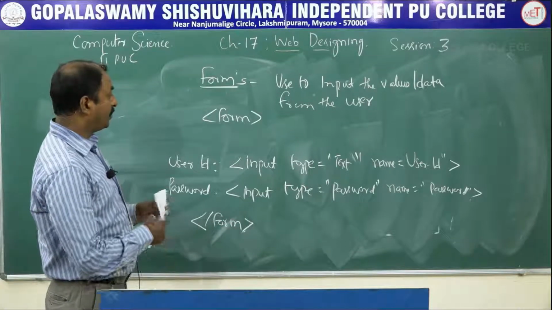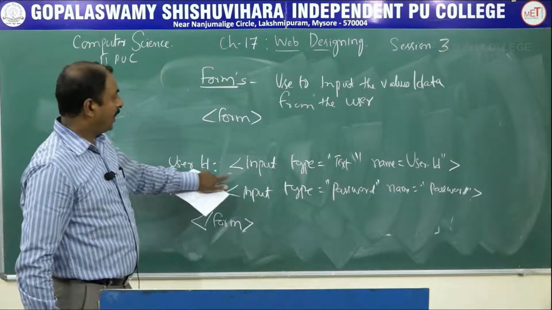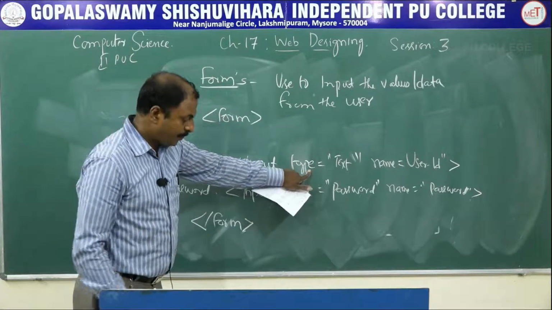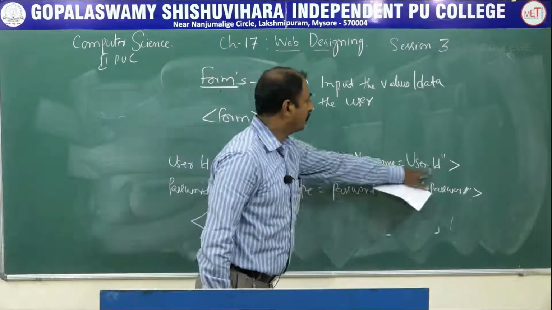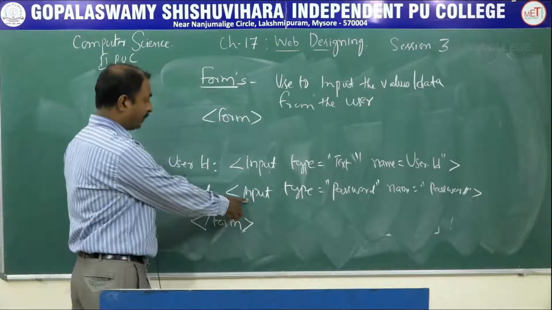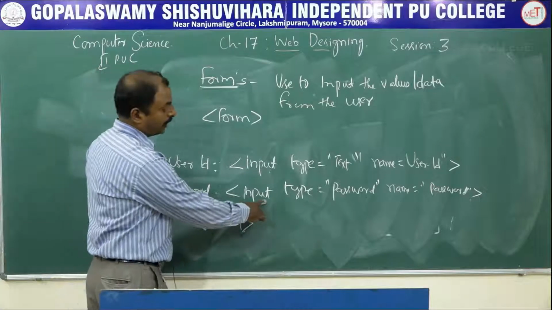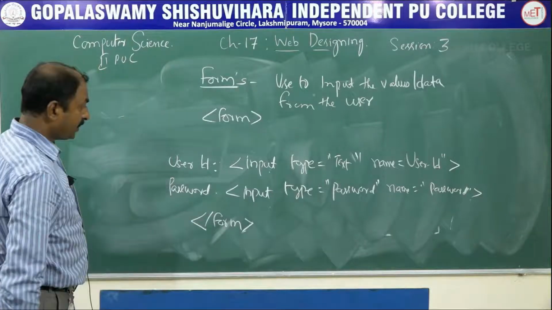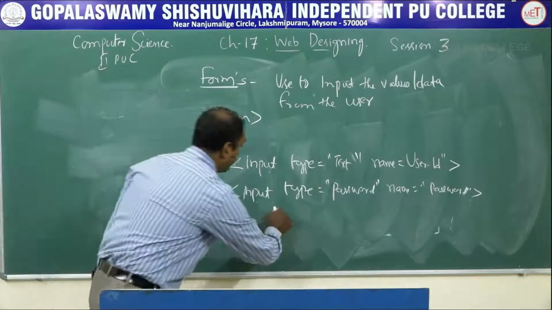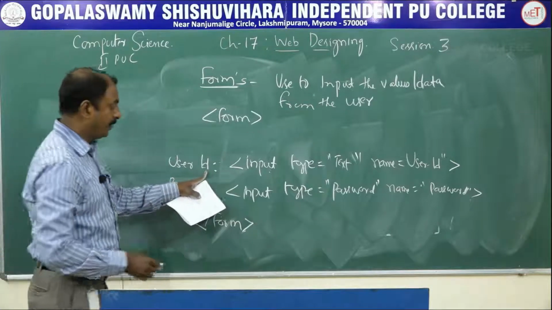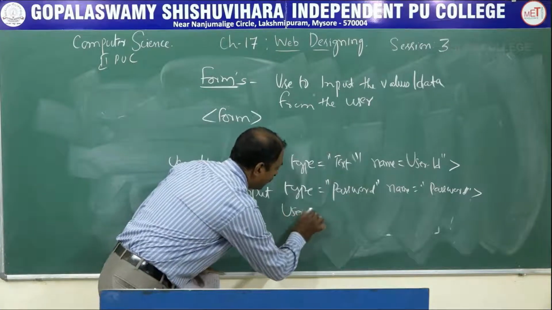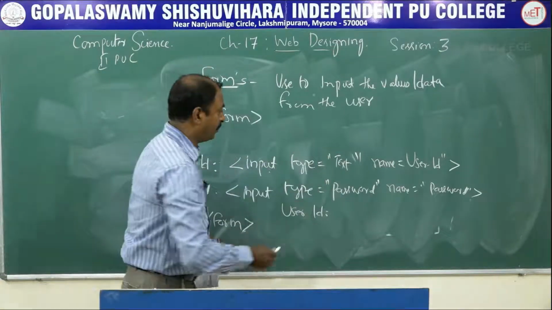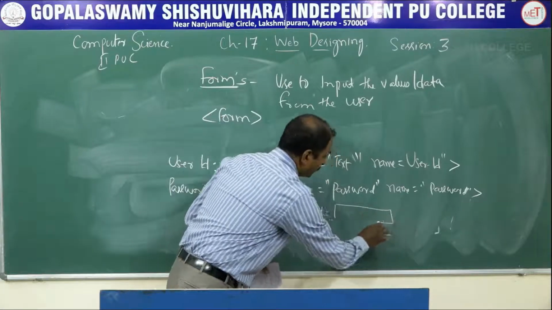So in between I have used user ID, input type. Here input is a tag, input type equal to text, name equal to user ID. And in this example, password, input, type equal to password, name equal to password. So what is the output of this? The output would be that you will first get user ID as the name, so you will get user ID colon, and with the help of this you will get one text box.